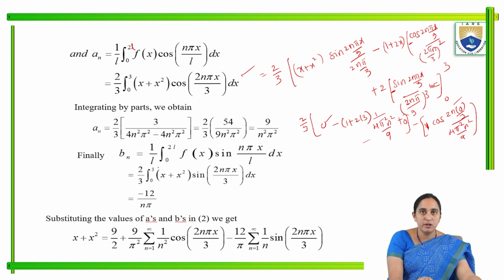The bn formula is 1 by L into integral 0 to 2L f of x into sin n pi x by L dx. Here 2L value is 3, L is 3 by 2, and after substituting this, it is integral 0 to 3 of x plus x square into sin 2n pi x by 3 into dx.